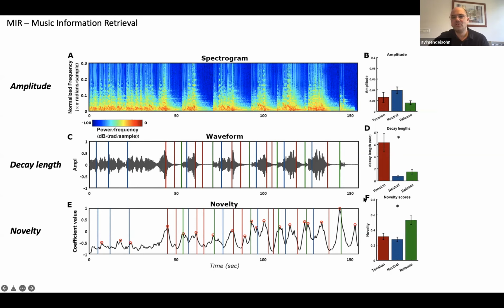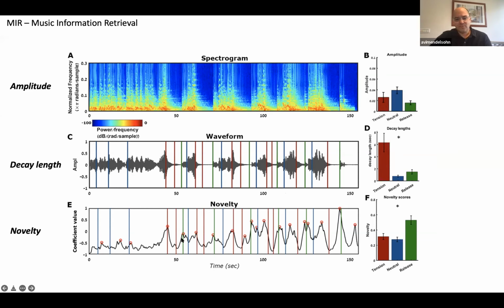And what we did is measure, for instance, the decay length of the times where different images were presented. And we see that when what we thought was the tension condition, in fact, the decay lengths where subsequently chords or melodies were resolved were longer than during neutral images or during release images.